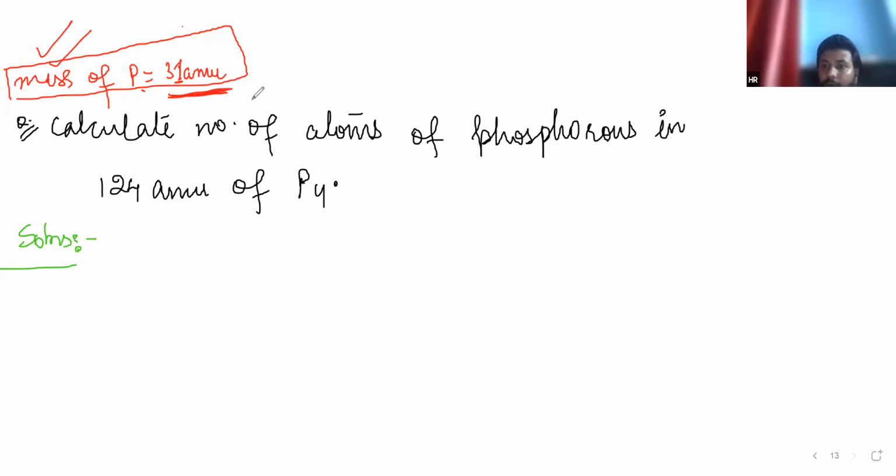Are you finding molecules or atoms? This 4 represents atoms or molecules. Arslan, you just mixed up the mole concept here. In this lecture or the previous one, did I write anything like 6.022 into 10 raised to the power 23?